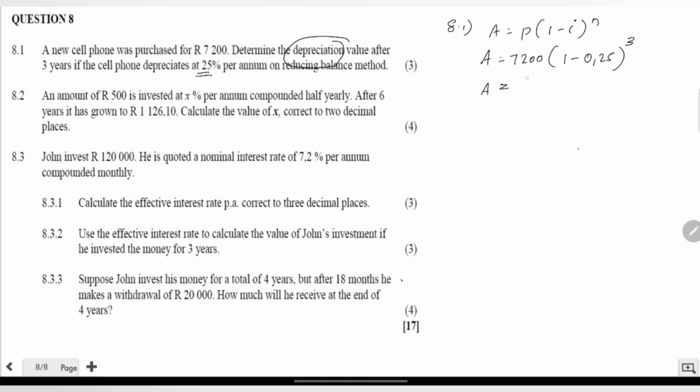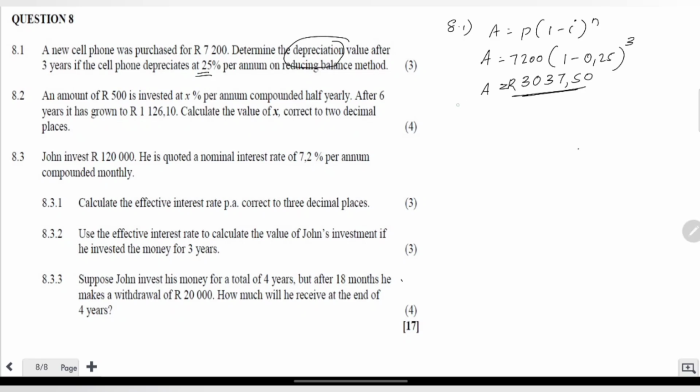After 3 years the value will become 3,037.50 rand. So you need to see the situation: if you purchased it and after 3 years want to sell it, you will get only about 3,000. You don't expect 7,000 again, because you used it.